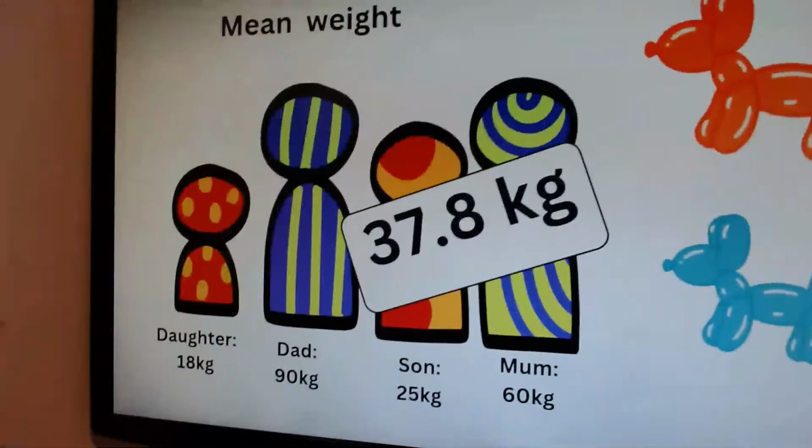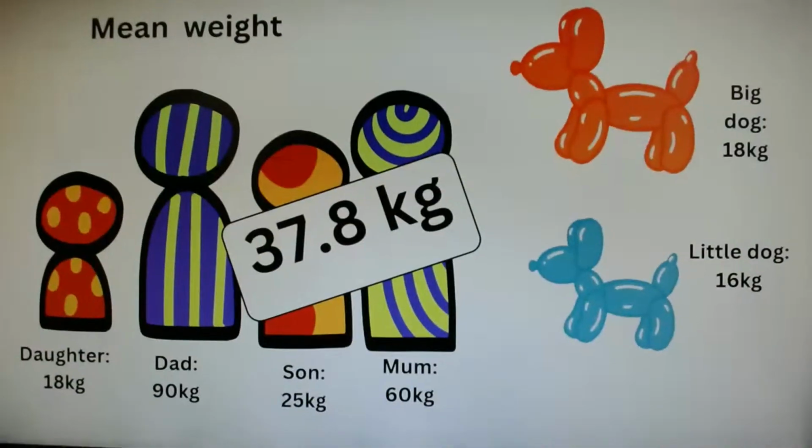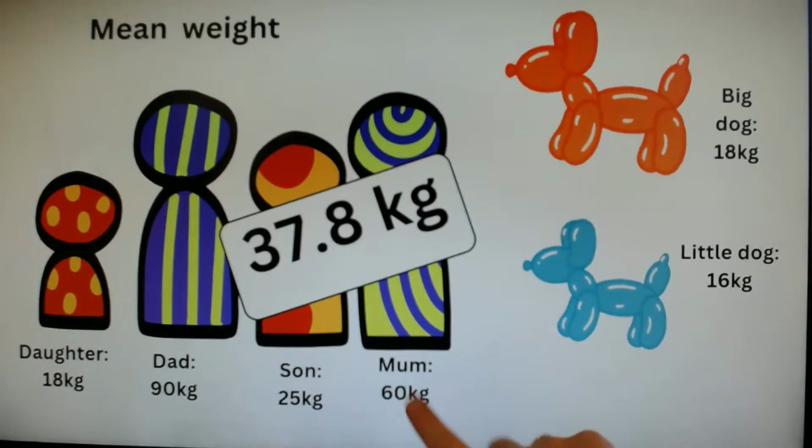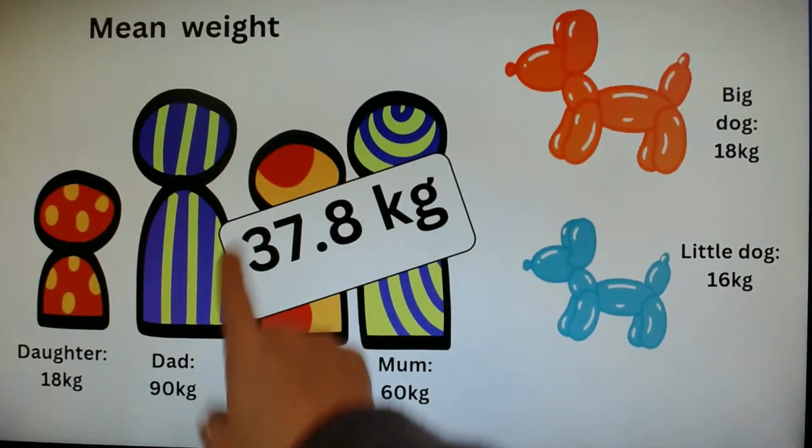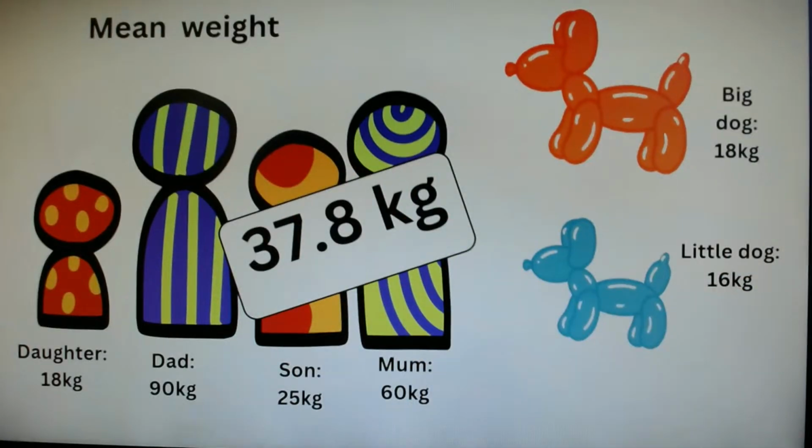Now 37.8, let's just have a look at the weights of my family and see how representative you think that might be of my family. So if we look at the different weights of the people in my family, we've got 18 kilograms, 90 kilograms, 25, 60, 18 and 16. This is the mean weight, the 37.8. And I noticed something when I was looking at that.